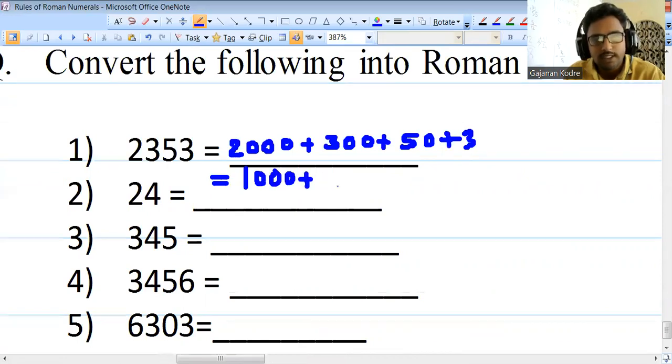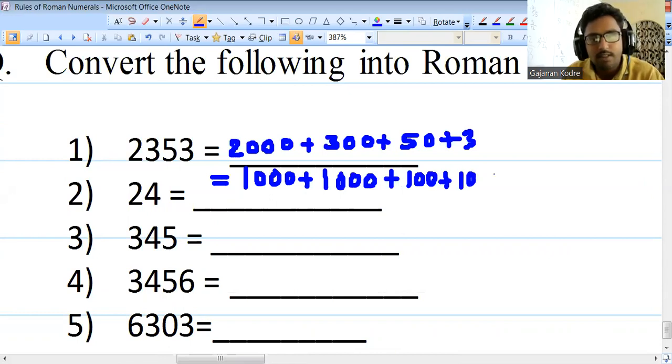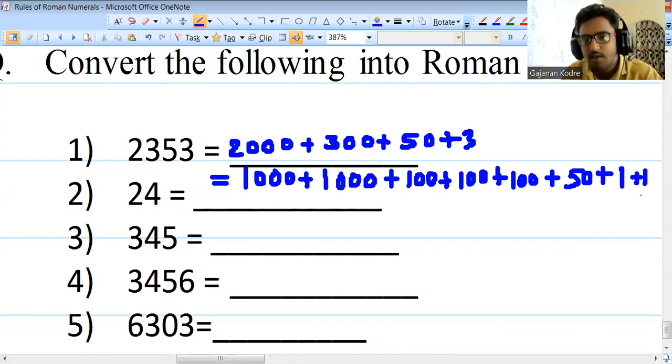As we have a symbol for 1000. 300 can be written as 100 plus 100 plus 100. Then 50, as there is already a symbol for 50, will be written as it is. And 3 can be written as 1 plus 1 plus 1. Okay, so let's write this Roman numeral.